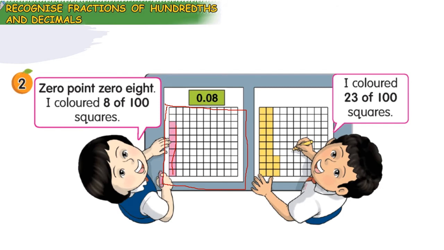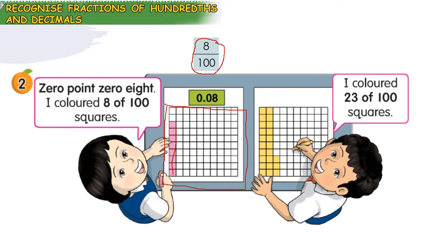When you write it in decimal, it is 0.08. And when you write it in fraction, it is 8 over 100. This one we call 8 hundredths, with THS at the back.